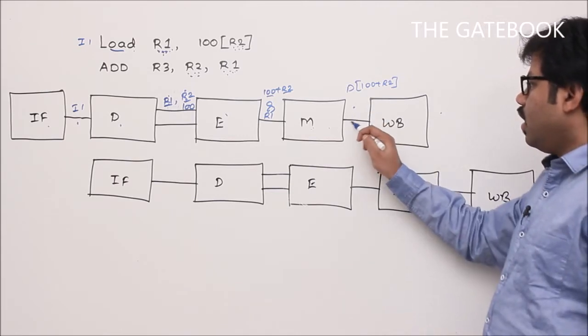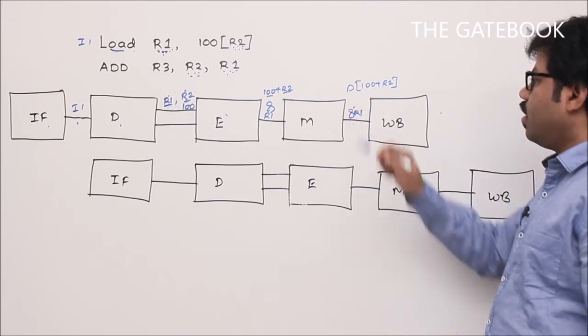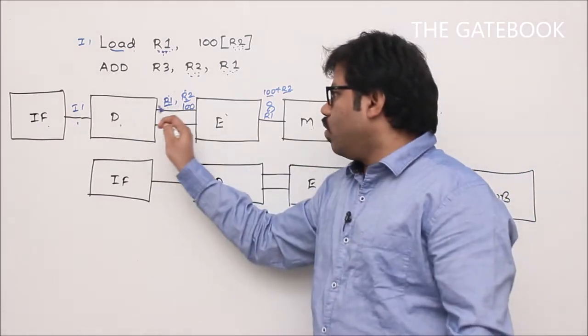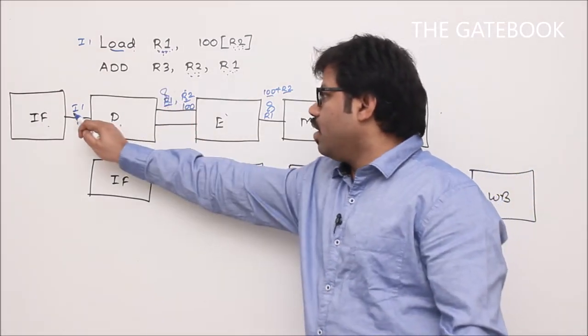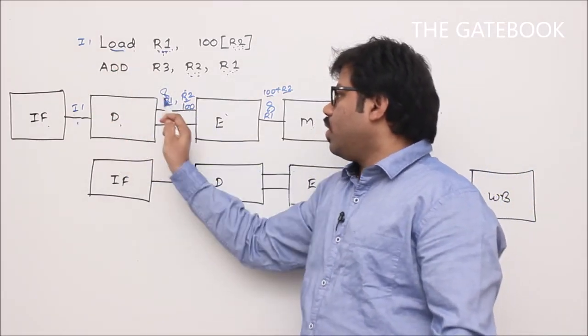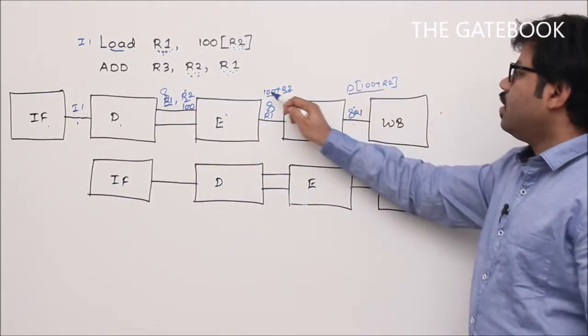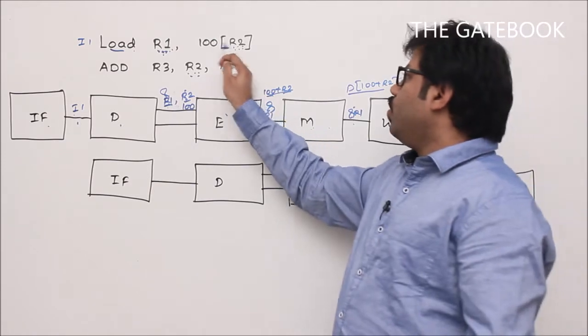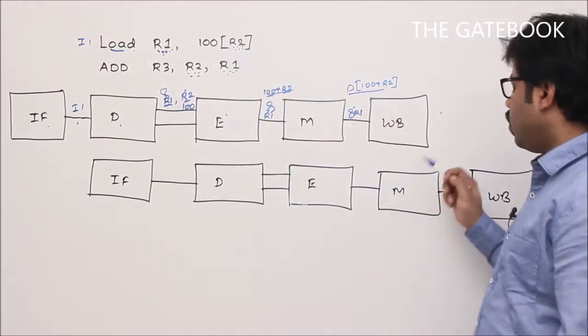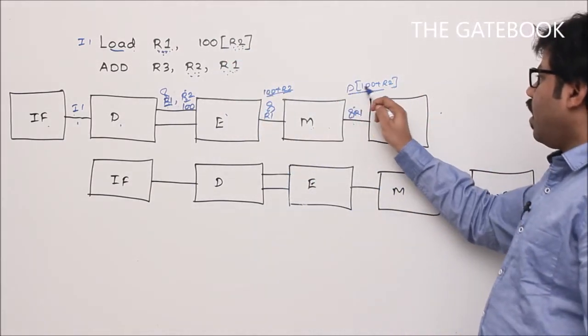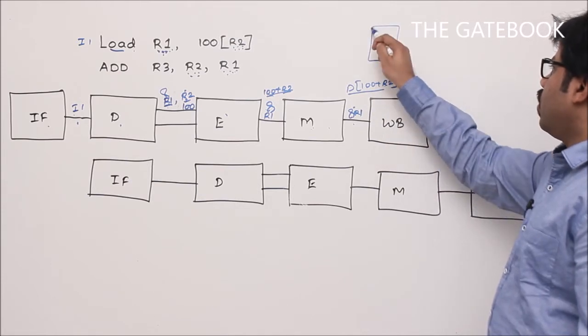And one more thing, here the address of R1 will be forwarded. Try to understand. Slowly the address of R1 will be forwarded from the instruction here to here, here to here, and you see, the content is getting changed here. We used 100 plus R2, so that is the total stuff, right? So finally the data at 100 plus R2, which is in memory, this is your memory.